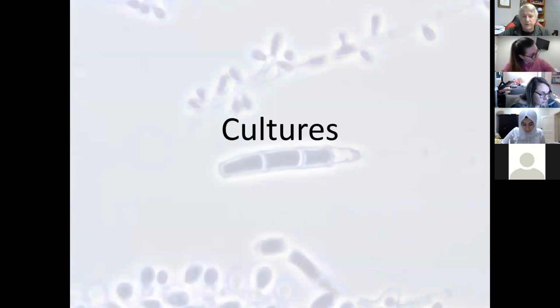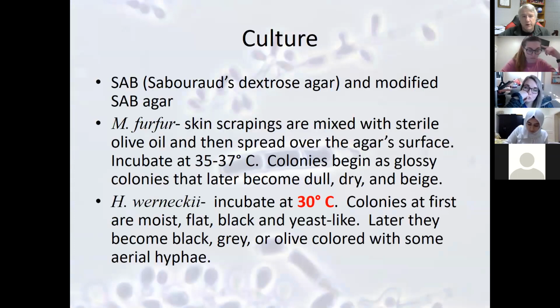So that was our wet prep, skin scraping, morphology, looking through the microscope. We can also culture, and we did that in lab. We used the Sabouraud's dextrose agar, the SAB agar, to get these going.